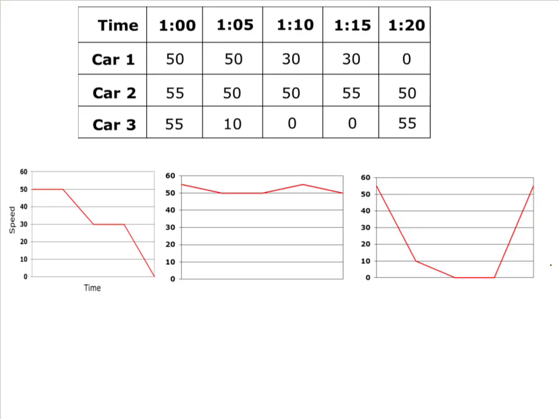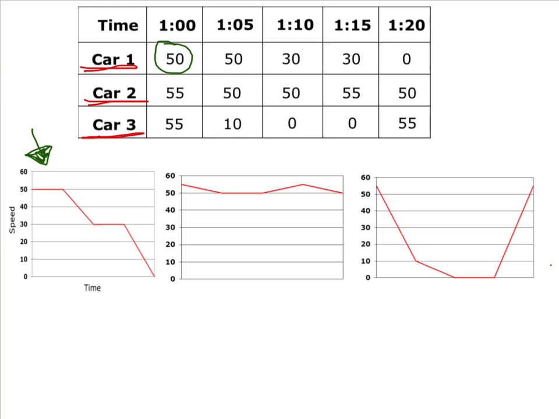Alright, this one actually wants us to match these cars up here with each of these graphs underneath here. Okay, so let's take a look at our first table right here. Okay, the first one says he starts out at 50 miles an hour, which actually we should be able to tell which one that one is right off the bat because there's only actually one car that starts off at 50 miles an hour.